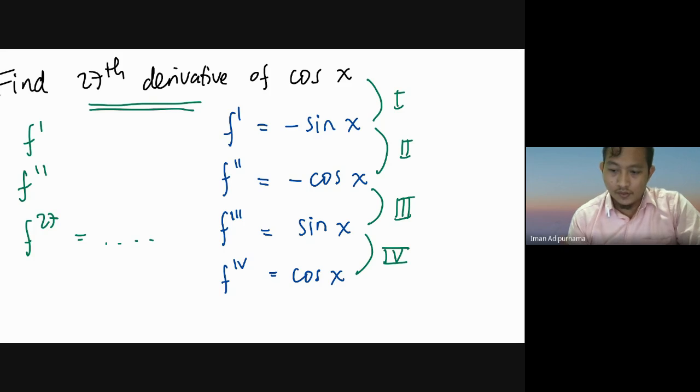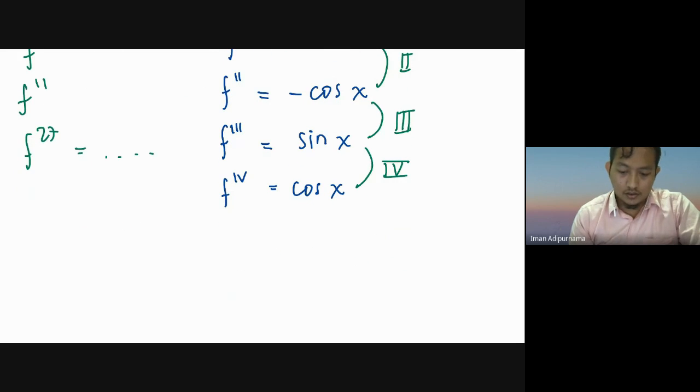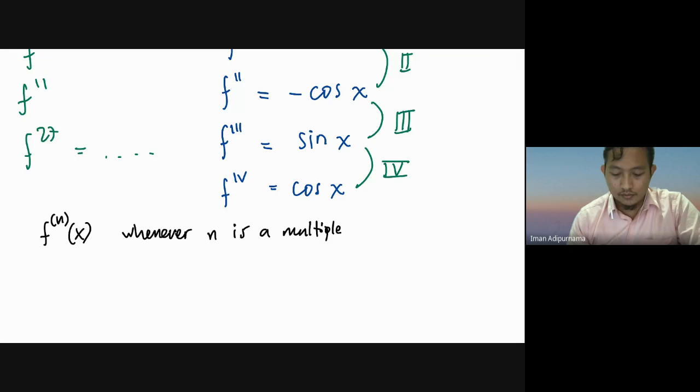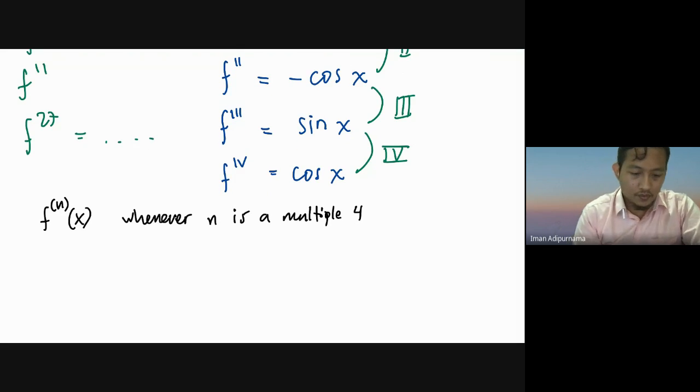Okay. So let me write here. Let's say f with the derivative of order n of x. Whenever n is a multiple of 4, it's equal to cos x.